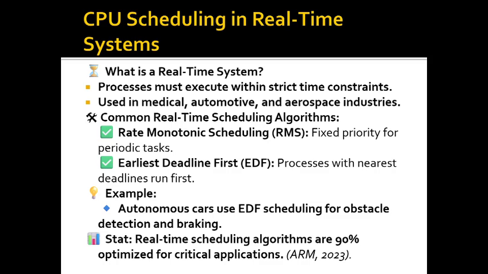Rate monotonic scheduling gives fixed priority to periodic tasks, and in earliest deadline first the process with the nearest deadline runs first. For example, autonomous cars use EDF for scheduling obstacle detection and braking.